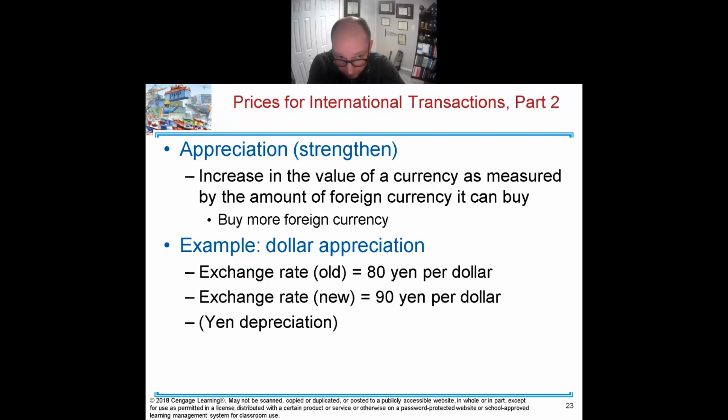There's an appreciation for currency, which means the value of the currency goes up. Or there can also be a depreciation for currency, where the value of the currency goes down. It's measured by the foreign currency it can buy.